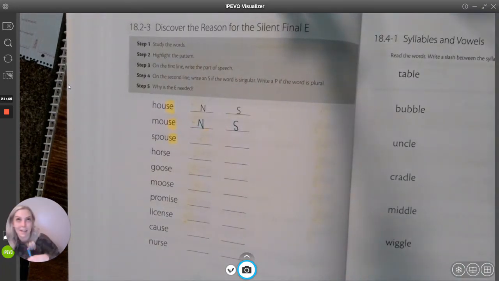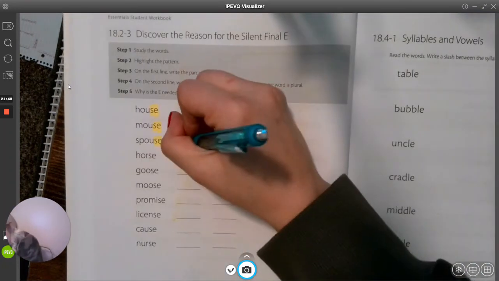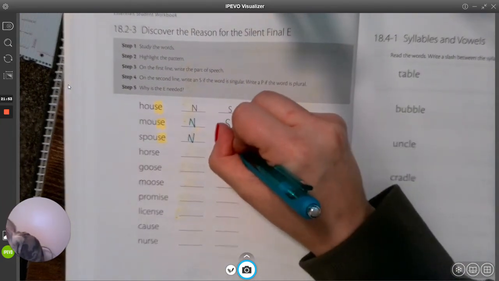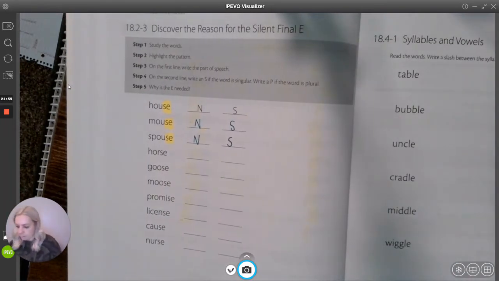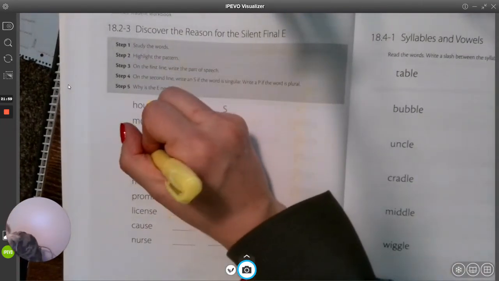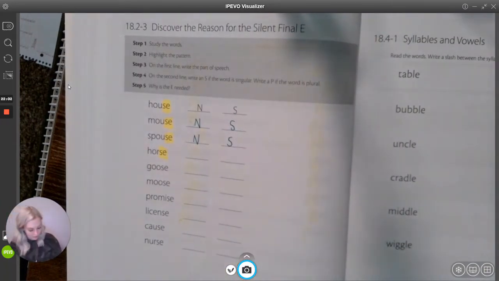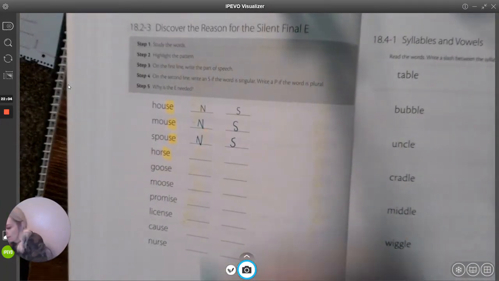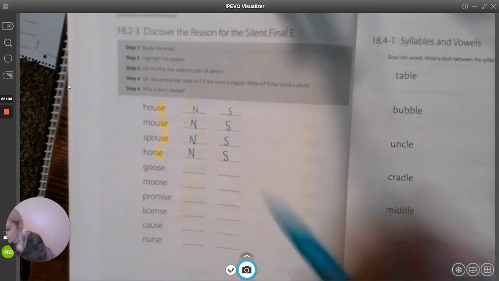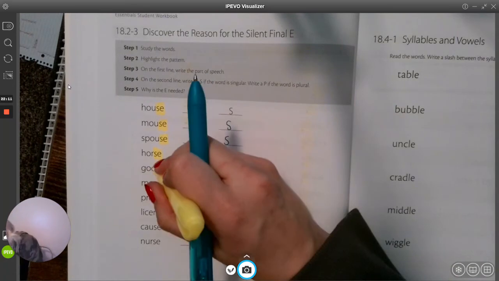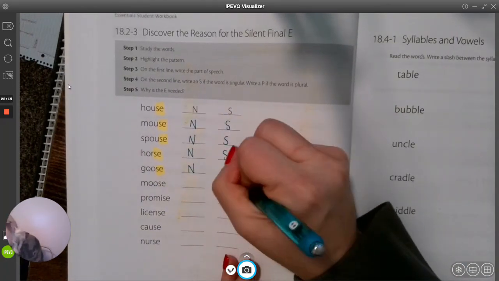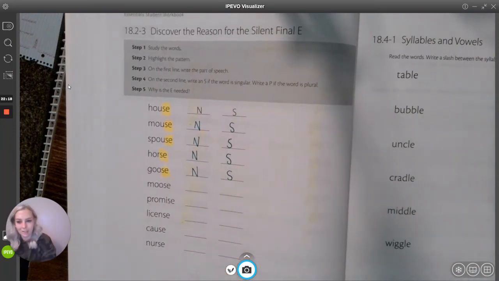It is a noun, it's a person, it's a title for a person, and it is singular. Horse, pattern is SE. It is a noun, and it is singular. Goose, SE. A goose is a noun, and it's just talking about one.